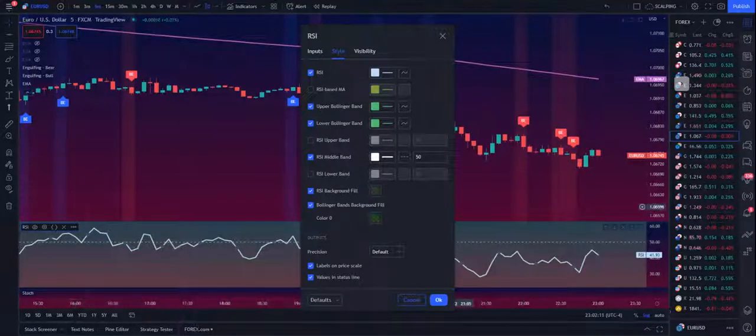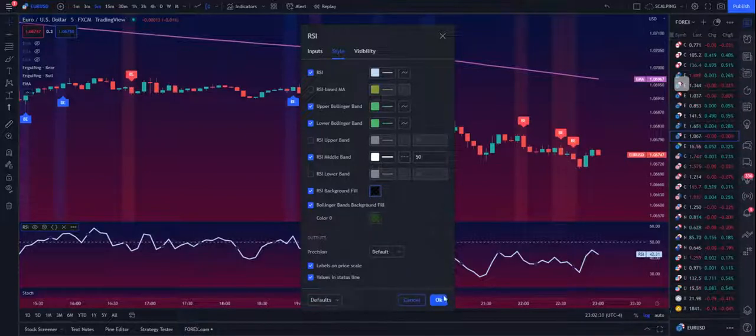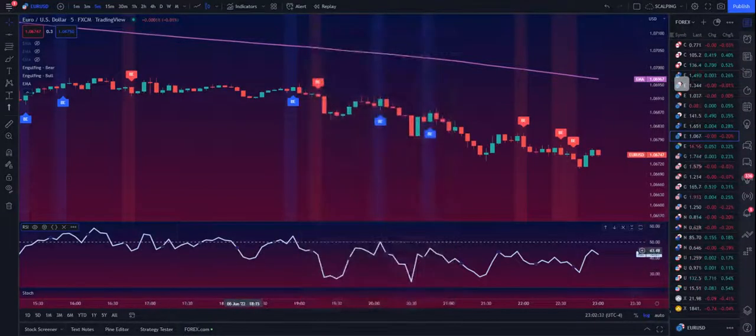Okay. Take out the upper 80, the 20, wherever it is, 75, 25, 70, 30. Take that out. And let's get rid of that ugly. Yeah, let's have our purple and is that burgundy? I'm loving that. Let's leave that. So we have our RSI, the engulfing.